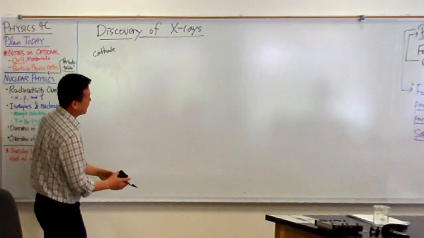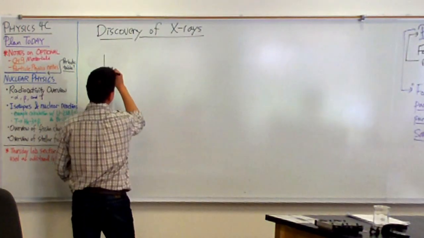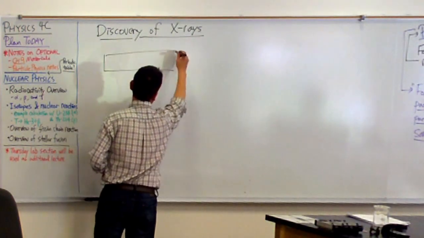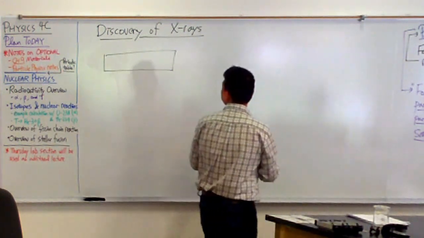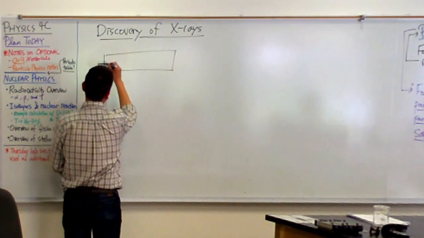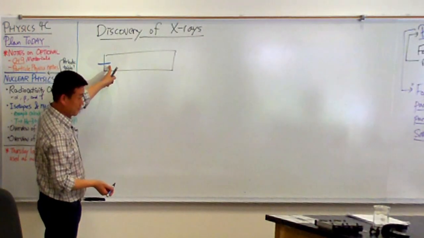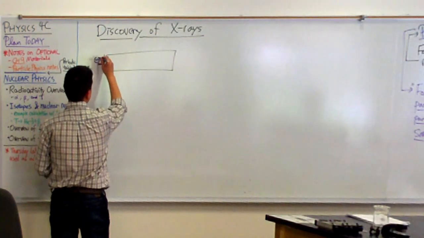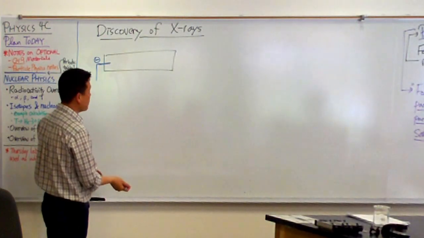Okay, so the cathode ray tube is, imagine an evacuated tube, and you have an electrode poking inside. And so this is physics, so this one I know. This electrode has to be negatively charged. You can do it with a battery or by use of a high voltage device.